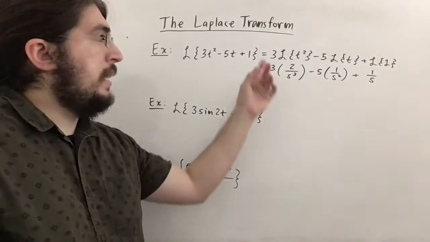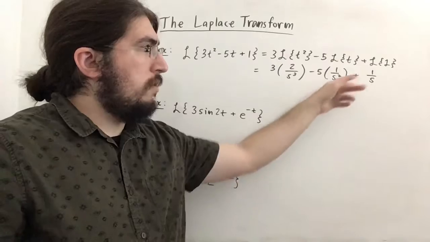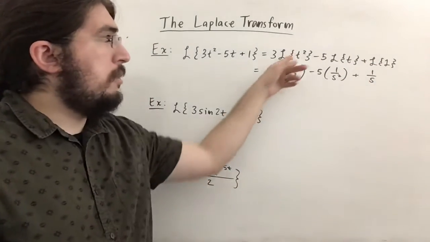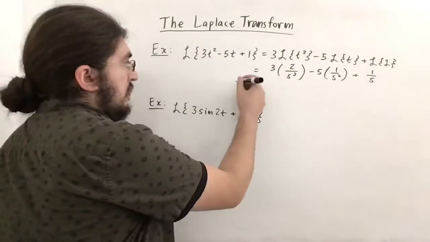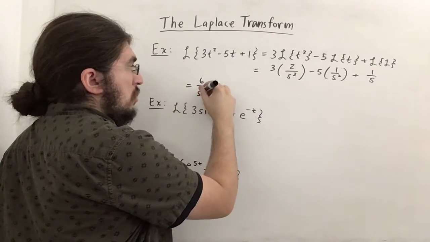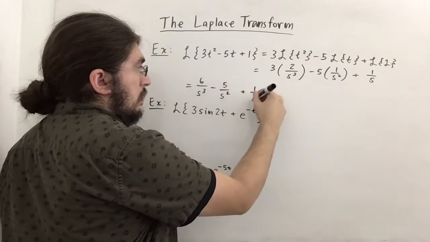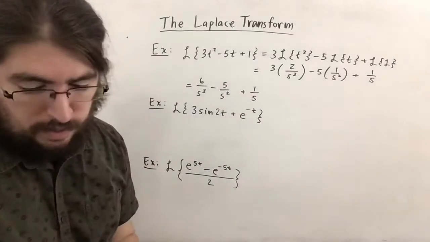In addition, the numerator will be the factorial of the power, which here 1 factorial is 1 and 0 factorial is 1 as well, but 2 factorial is just 2. So this really becomes 6 over s cubed minus 5 over s squared plus 1 over s.